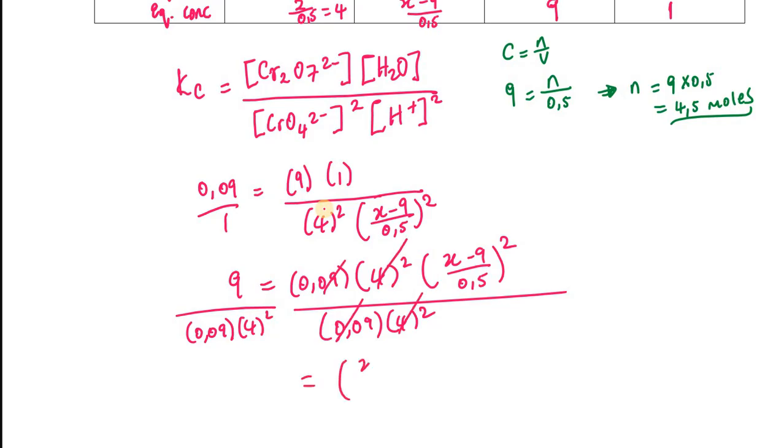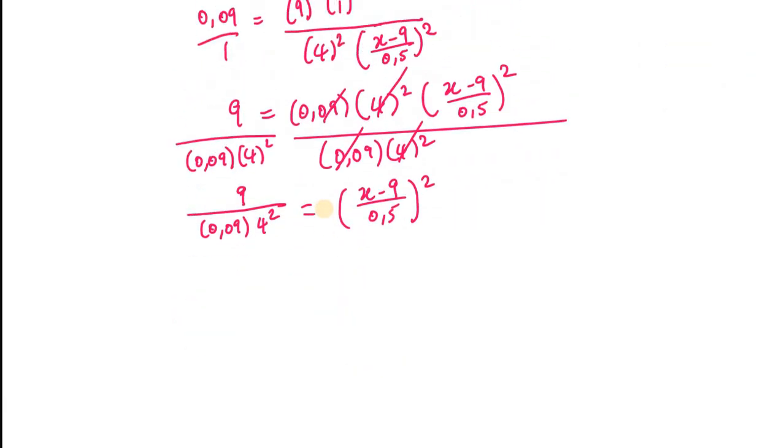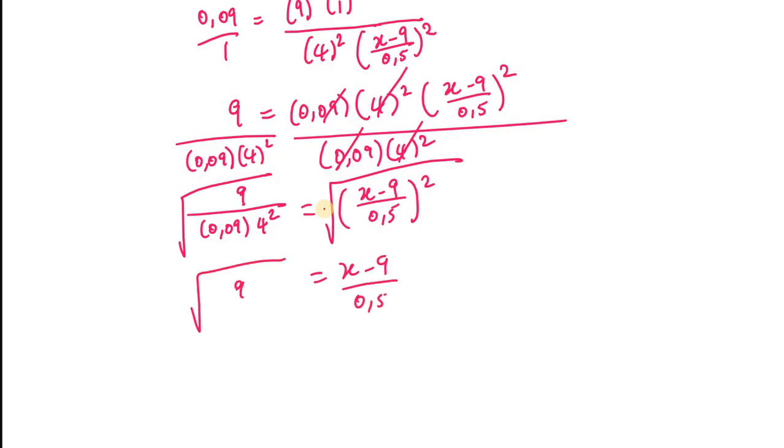Then you end up with x minus 9 all over 0.5, all squared, equal to 9 over 0.09 times 4 squared. Then, guys, you take the square root on both sides. Then you have x minus 9 all over 0.5 equals the root of 9 over 0.09 times 4 squared.